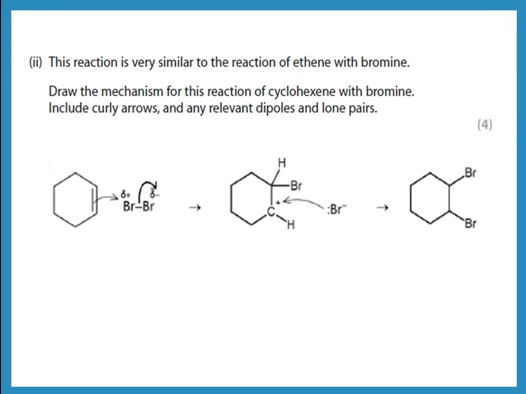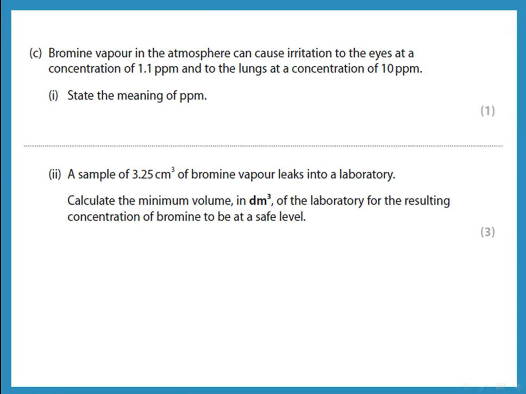The two electrons in the bond between the bromines go to the other Br, and I end up with a positive charge on the carbon and a bromide ion with a complete negative charge and extra electrons. These extra electrons then attack the carbocation, or the carbon with a positive charge, to add the second bromine. So that would be the mechanism.